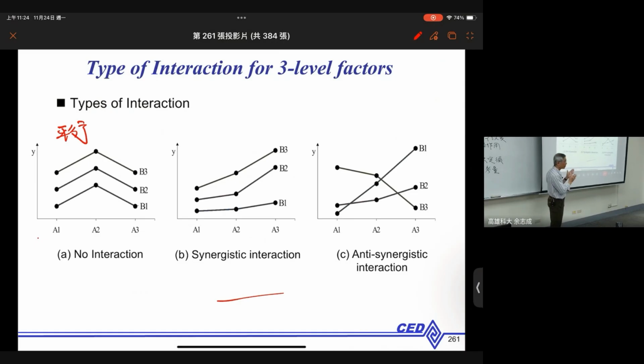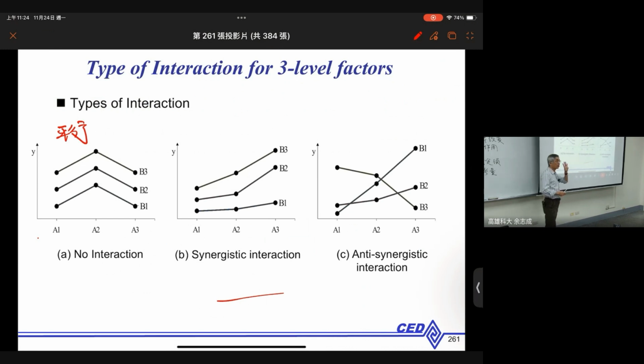So you need to compare line by line. You need to see if these 2 lines are parallel or not, and another one is these 2 lines, if they are parallel or not. So you need to make two comparisons from A1 to A2. Similarly, from A2 to A3, there are 3 lines. You need to compare whether these 2 lines are parallel or not, and then this line and that line.